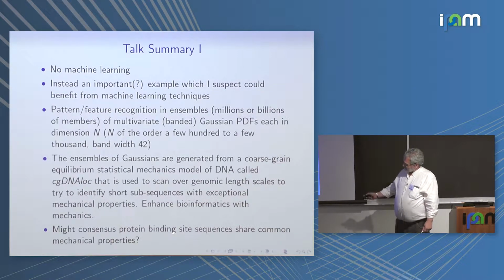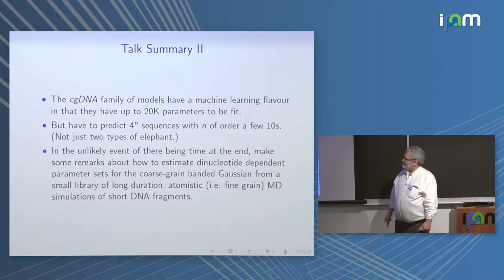And in particular, the question, which is not one I made up, lots of people think is probably true, is that consensus protein binding site sequences share common mechanical properties. Hopefully by the end of the talk, I'll explain what that bullet point means.